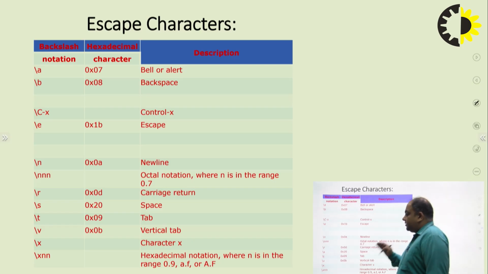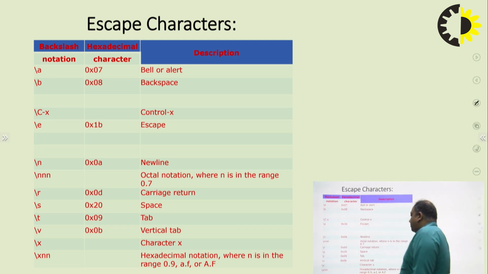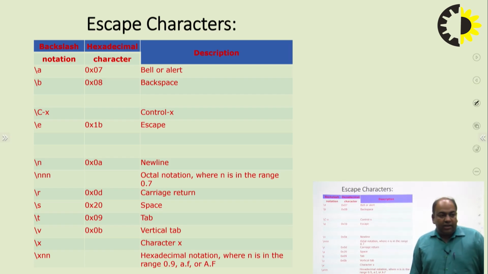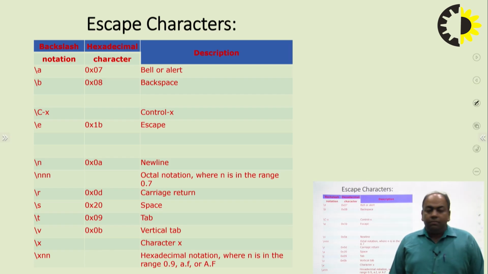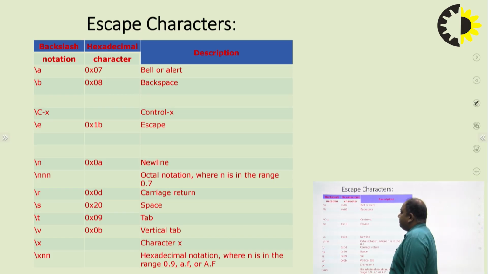Backslash nnn is octal notation, where n is in the range 0 to 7, and here the range is 0 to 9, small a to small f and capital A to capital F. These are the escape characters in Python.